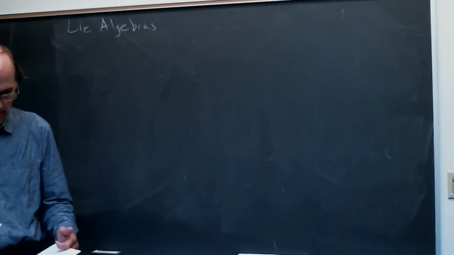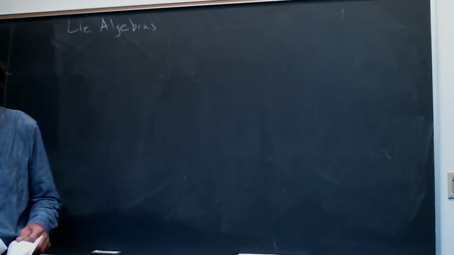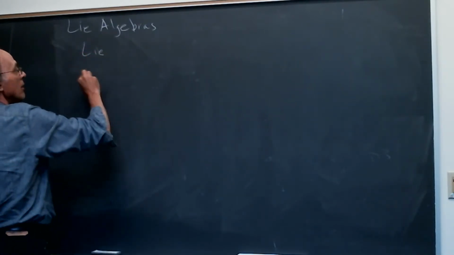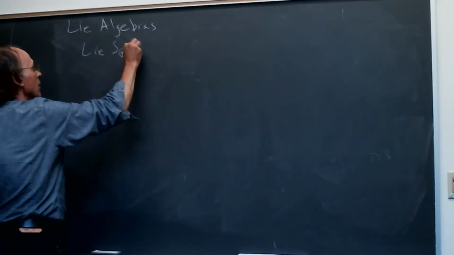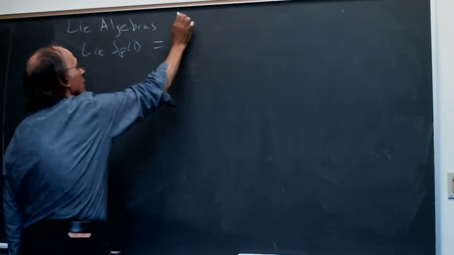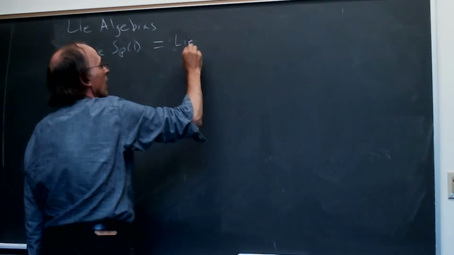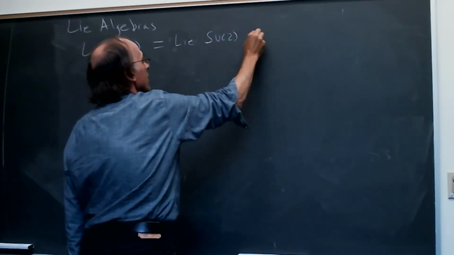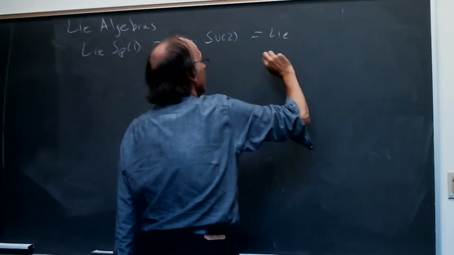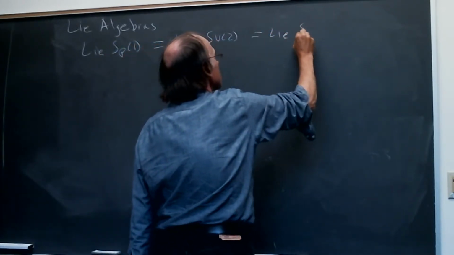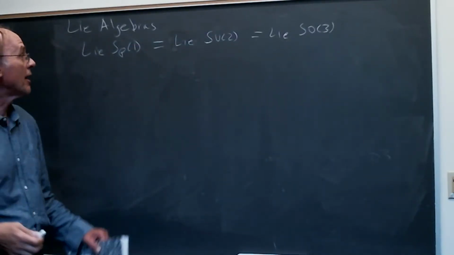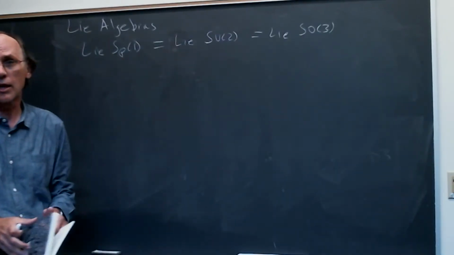Let's write that down. Here we have that the Lie algebra of SP1 is equal to the Lie algebra of SU2, and it's equal to the Lie algebra of SO3. They're all the same thing, but they initially can look different.